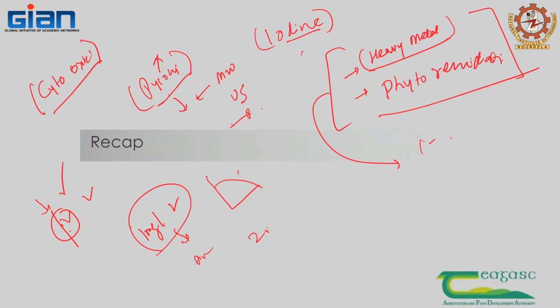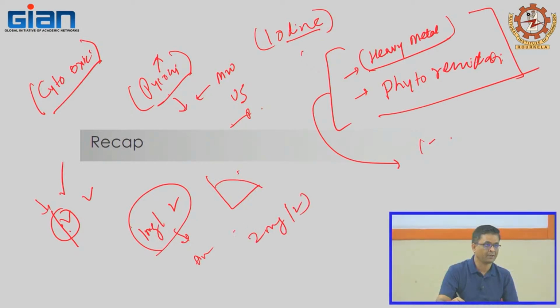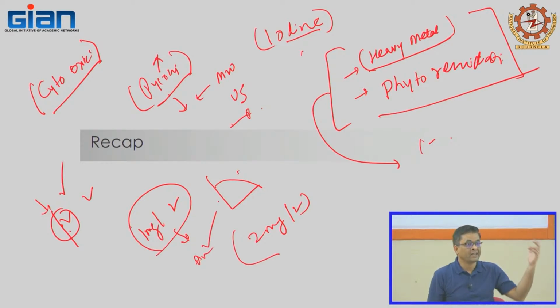That means, if 2 milligram per liter is the limit for cytotoxicity, then this can be used as an antimicrobial or antibacterial in food purposes. But if cytotoxicity is 0.5, then this is not the suitable one. So, cytotoxicity is a must to be done in order to show the product application.